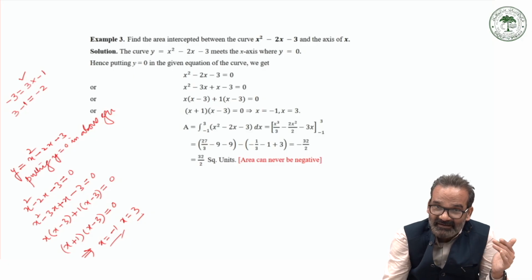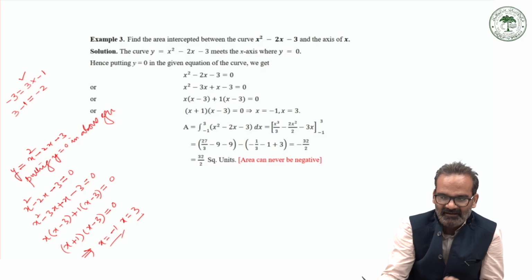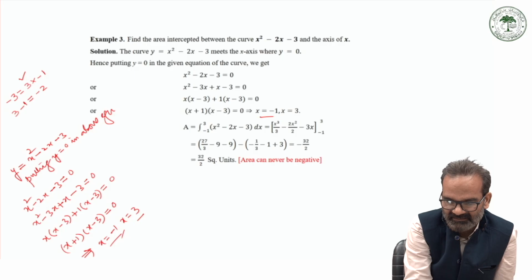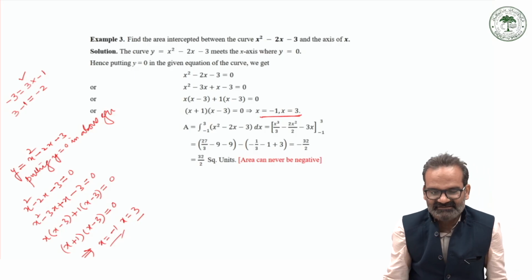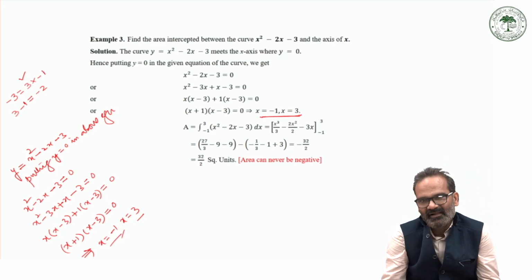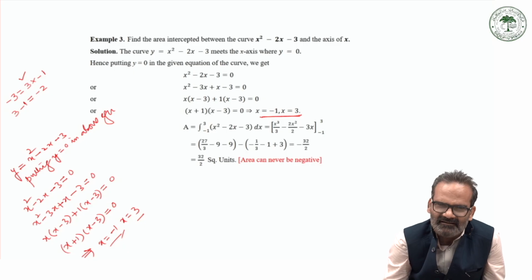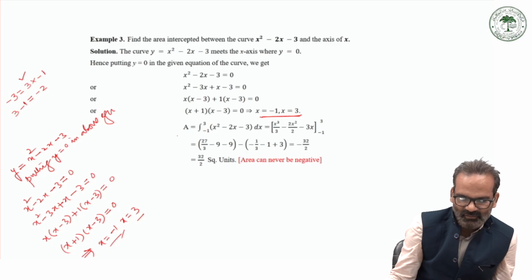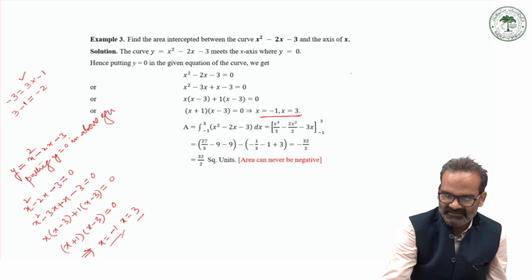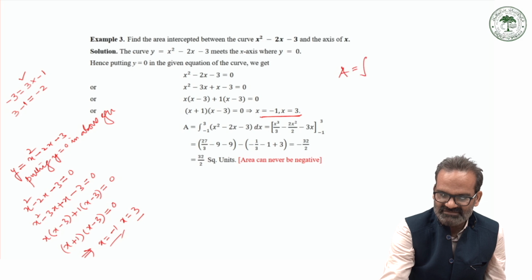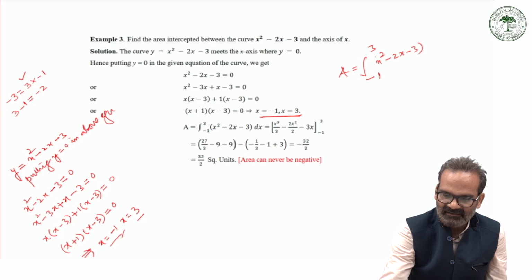So minus 1 and 3 are the required ordinates, a and b, in the formula. A and b are the limits of the integration. So minus 1 and 3 are considered as the ordinates, and naturally if ordinates are there, then you can use the formula. The required area is given as A equals the integral from minus 1 to 3. What is the function? x square minus 2x minus 3 dx.